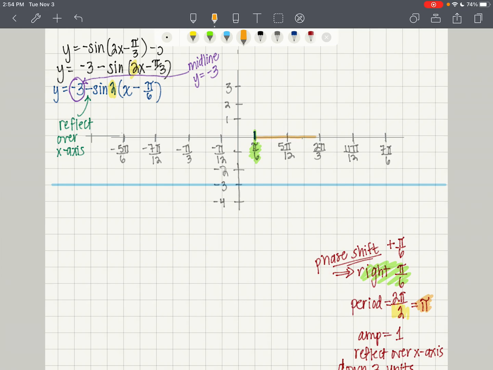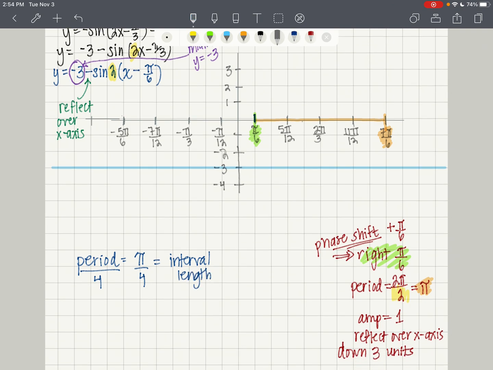So pi later, that's going to be 4 intervals later, 1, 2, 3, 4. We're going to be at 7 pi over 6. So how did we get 7 pi over 6? You're going to take the period, which is equal to pi, and divide that period by 4. That's going to equal the distance between each interval, your interval length.